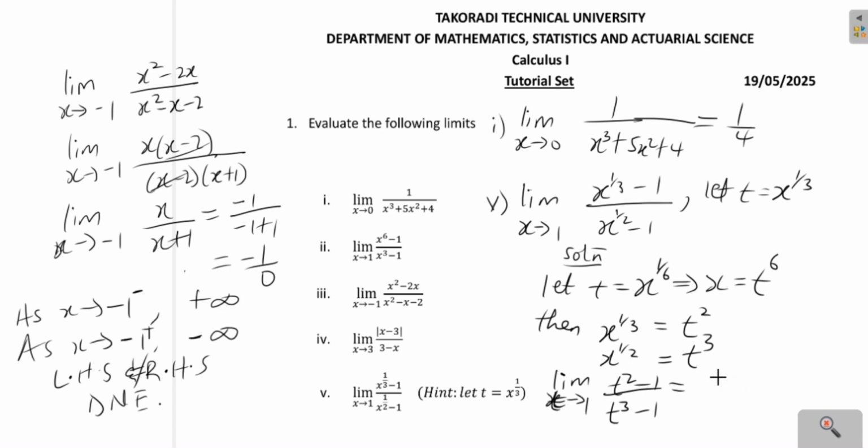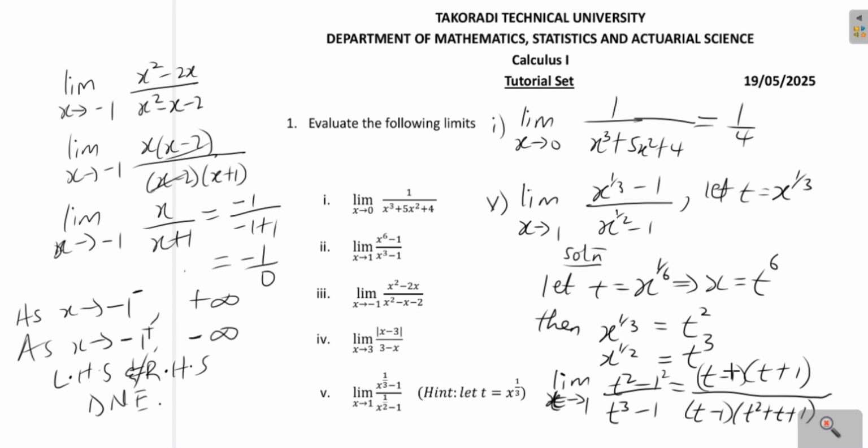Now, on the top one, we can do a difference of two squares, so we have t minus 1 and then t plus 1. If you break the denominator down, you have t minus 1, then the quadratic t squared plus t plus 1.